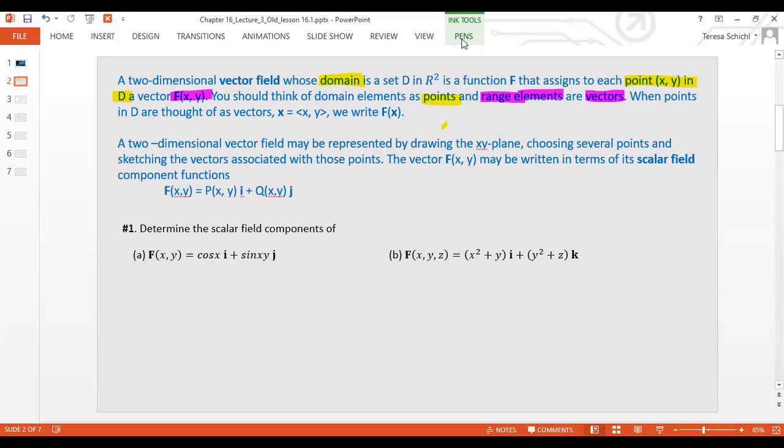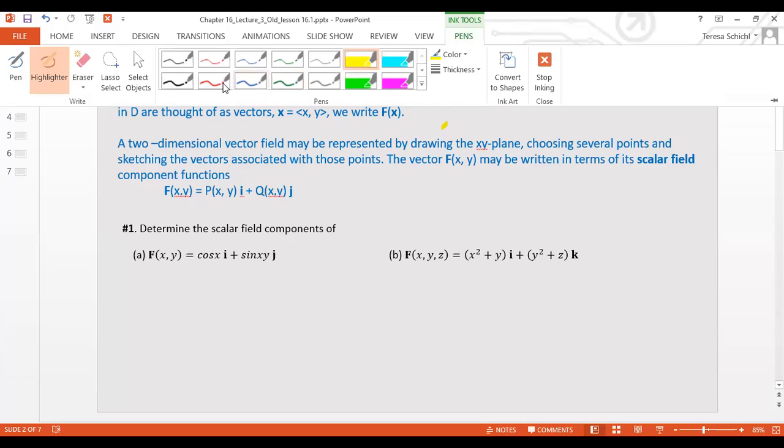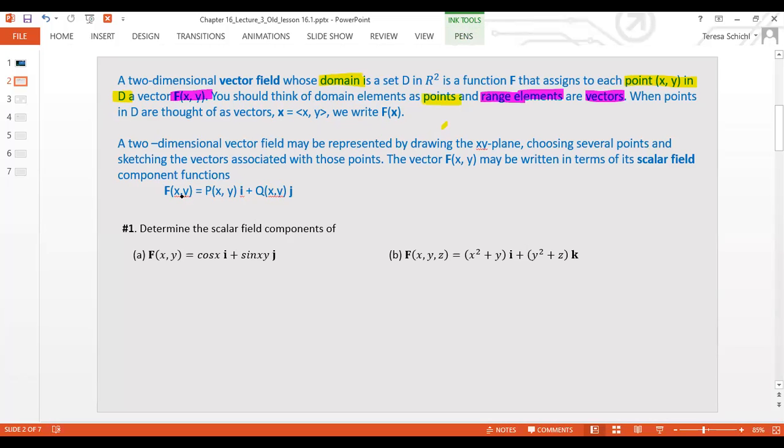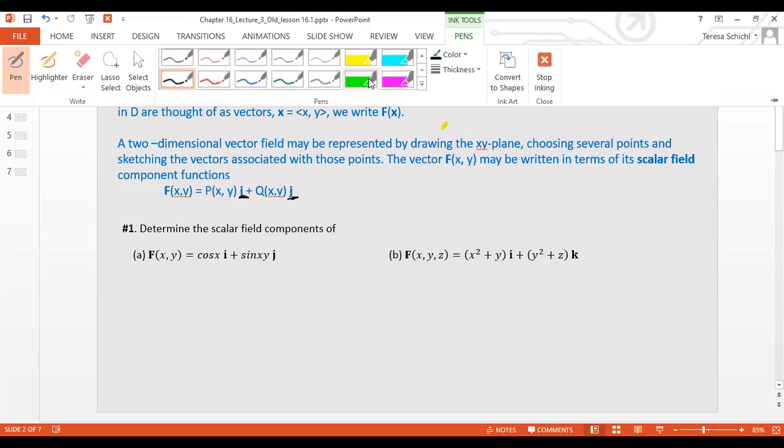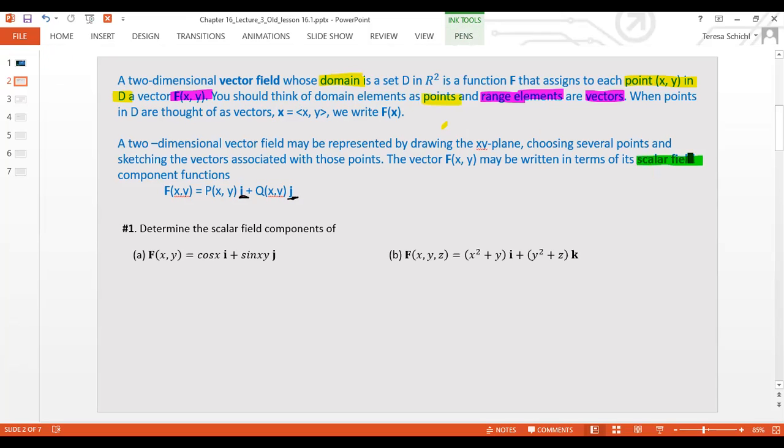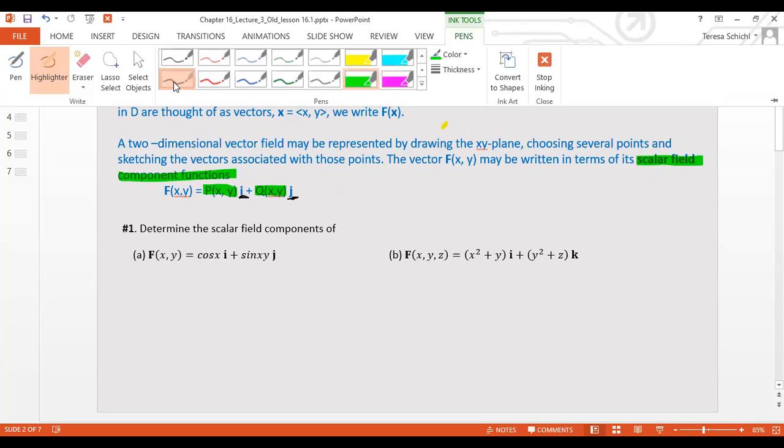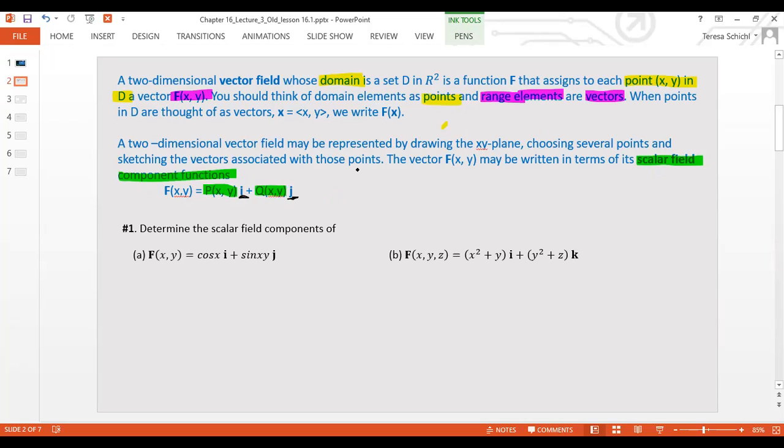For a vector field, we can write F(x, y) = P(x, y)i + Q(x, y)j, because for every given point (x, y) you have a function that gives you a vector, with i and j components. We have a special name for these: scalar field component functions. So this is how you define a vector field in R2.